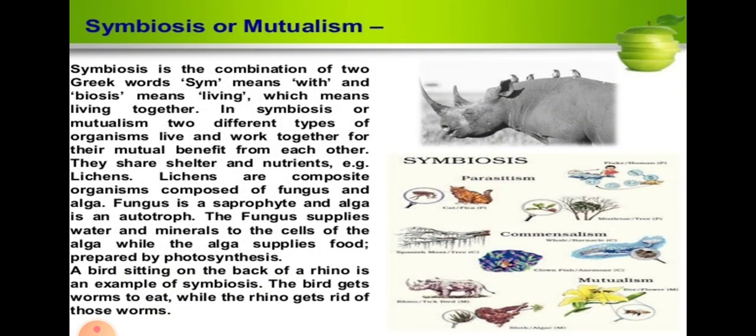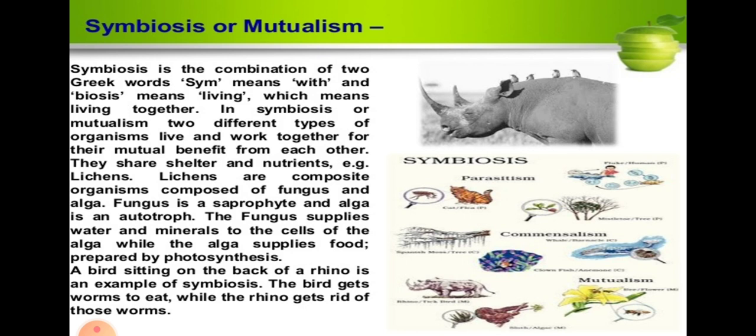Next is symbiosis, or symbiotic plants. Symbiosis is a combination of two Greek words. Sym means with and biosis means living, which means living together.